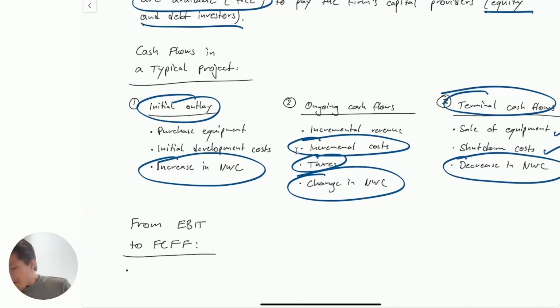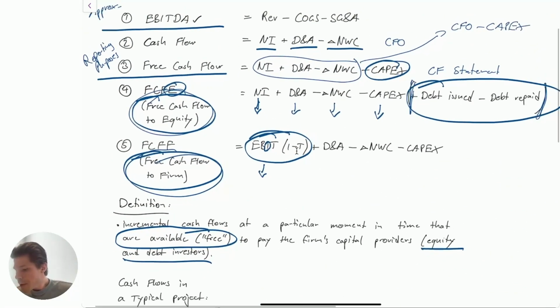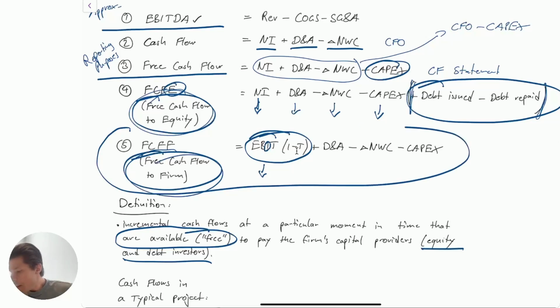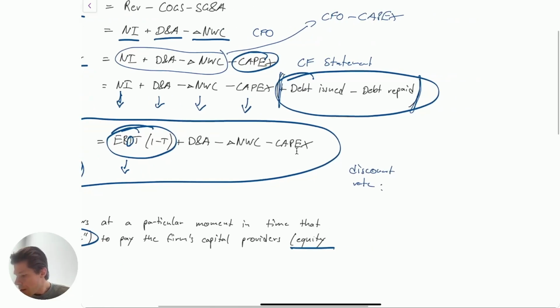Very important, I would propose you mainly use this formula here because it's a bit easier to use, because you don't have this interest tax effect. So you start with EBIT, use free cash flow to the firm, and your discount rate, if you use those cash flows, would be the weighted average cost of capital.